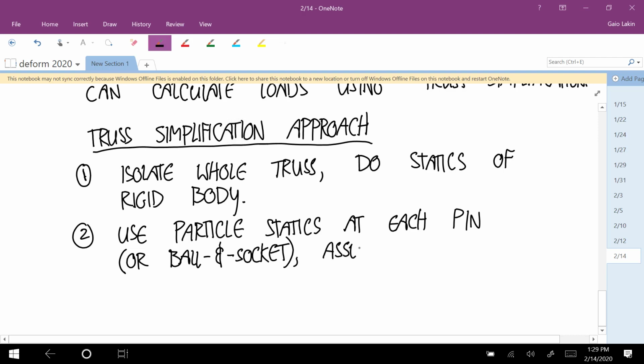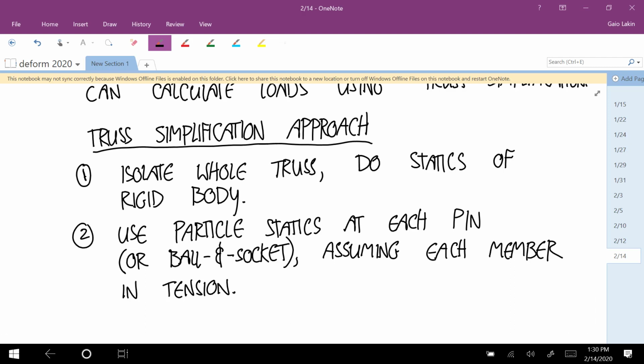Assuming that each member is in tension. Okay, well, not every member is going to be in tension. Some are going to be in compression. But the way this works is if you assume that the member is in tension and then you get a negative value for the tension, then it corrects itself. That just means it's in compression, and you can use that value for calculating stresses.